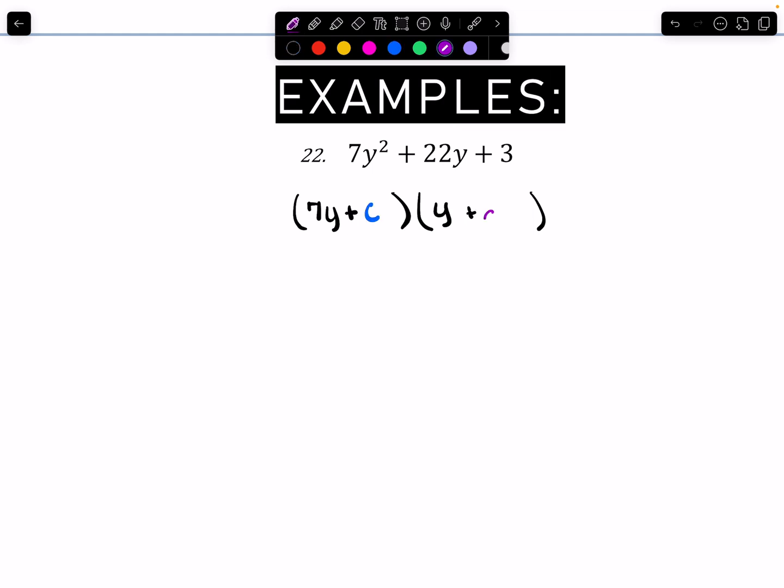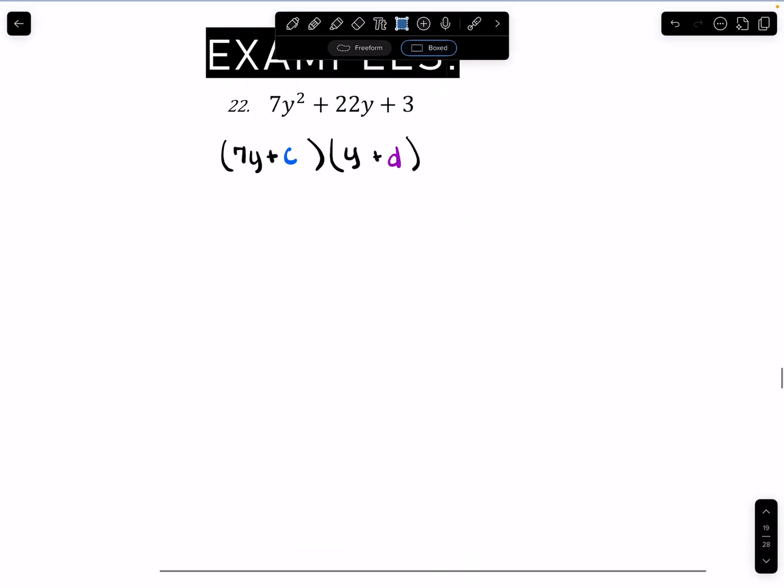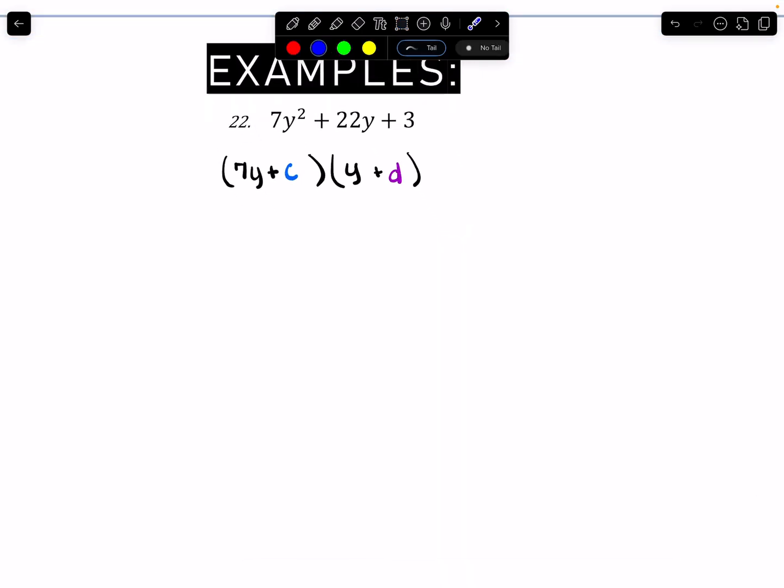And then we're doing the exact same thing that we did in our last lecture video, right? We're saying, okay, what's going to happen here? Well, C times D is going to end up giving us our number, every single time. So C times D is going to give us 3, and we need to find the values that will give us 3. And then what else is going to happen here?